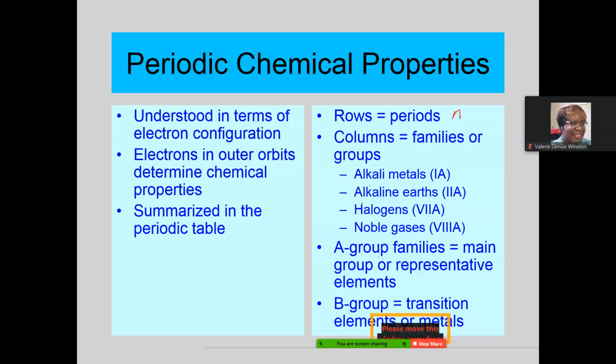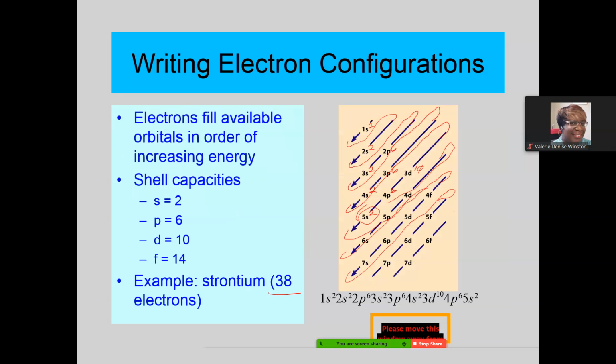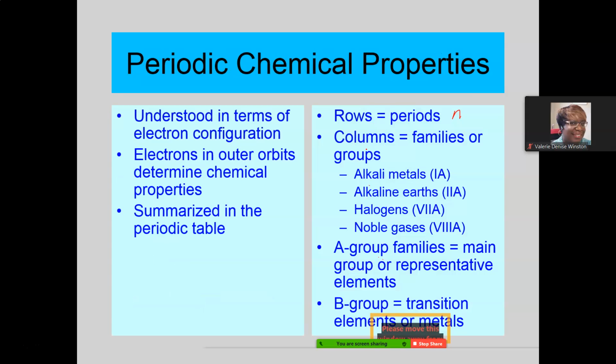The outer electrons are these S electrons, depending on which row you're in. The first electron are your alkali metals, and the second one are the alkaline earths. Those two electrons define those columns.